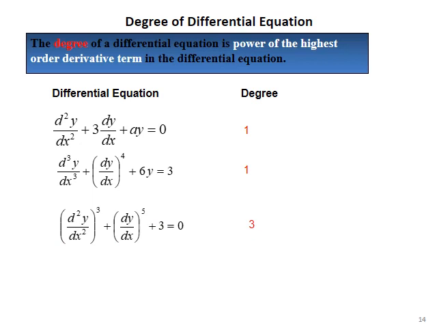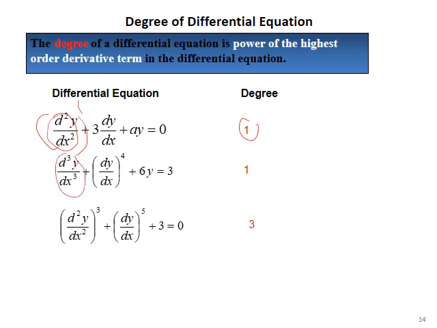Now next I will go to the degree. The degree of a differential equation is defined to be the power of the highest order derivative. As an example, in this equation the highest order is 2 because it's second order, but it rises to power 1, so the degree is 1.